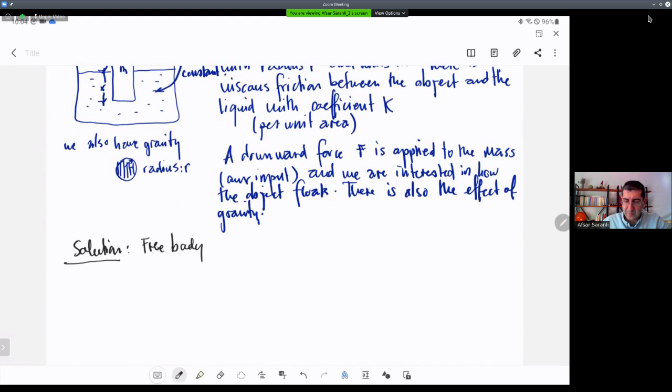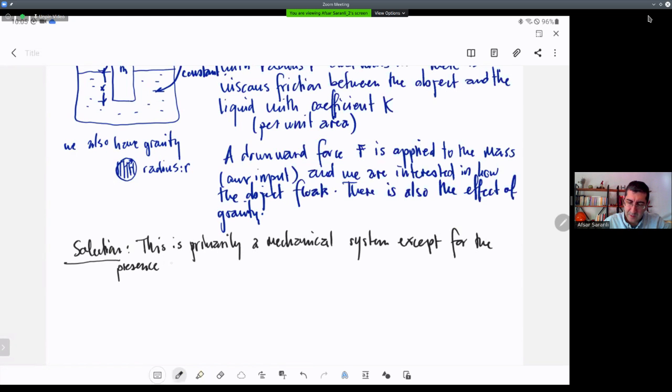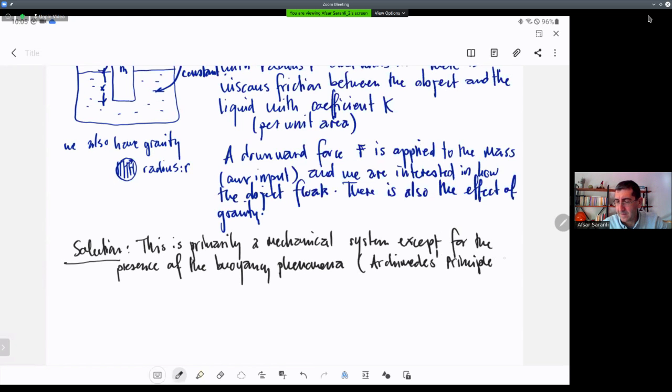So, let me write like this. This is primarily a mechanical system except for the presence of the buoyancy phenomena, which requires Archimedes' principle is needed.